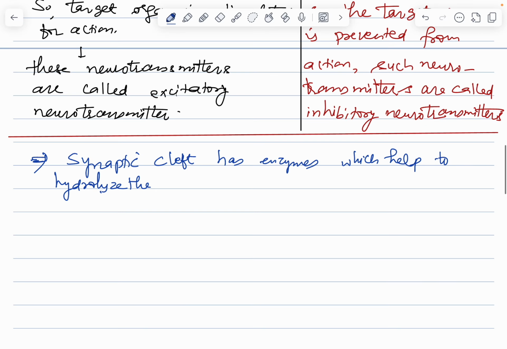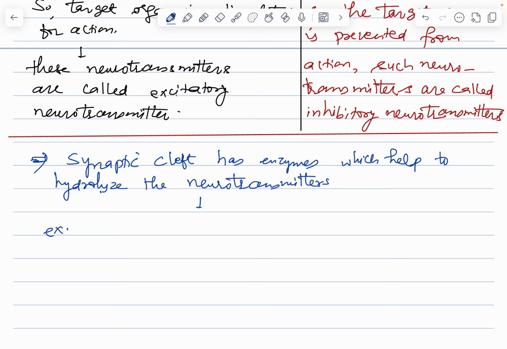Hydrolyze means digest or break down the neurotransmitters. So synaptic cleft has enzymes which help to hydrolyze the neurotransmitters.